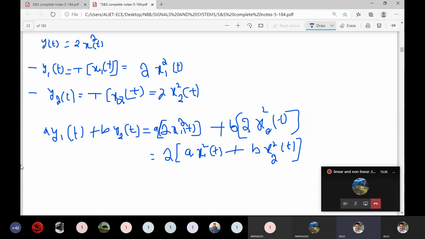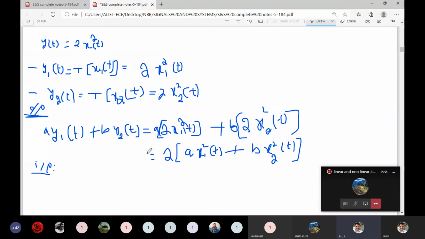Okay, this is the weighted sum of the output. This is regarding the output, and now regarding the weighted sum of the inputs.